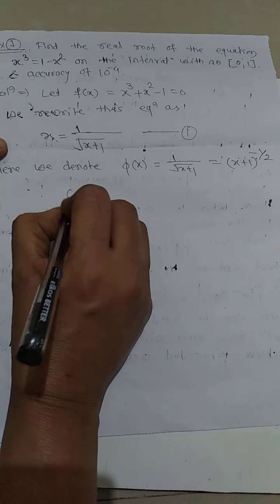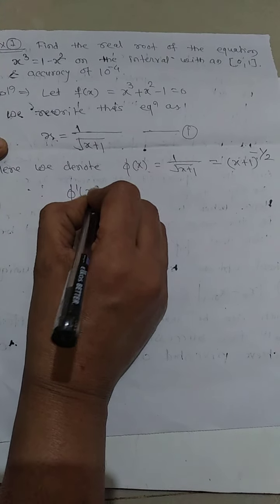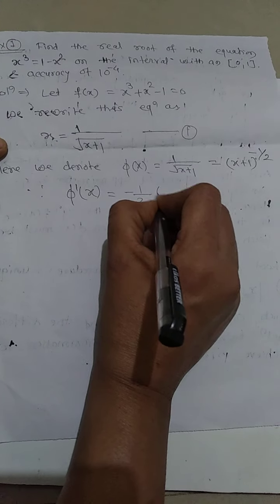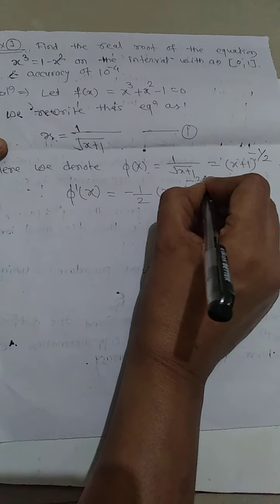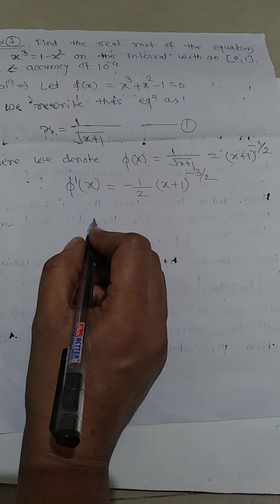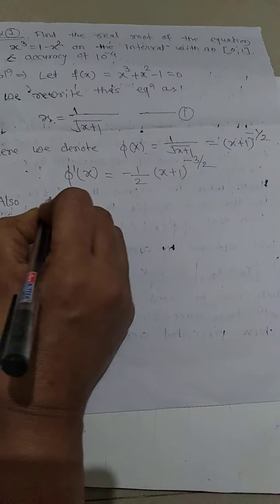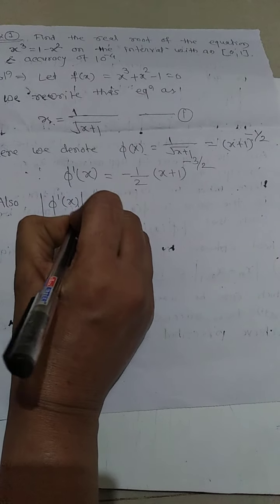Then we differentiate this phi of x, then we get phi dash of x is equal to minus 1 by 2 into (x plus 1) raised to the power minus 3 by 2. And also find the mod of phi dash of x.